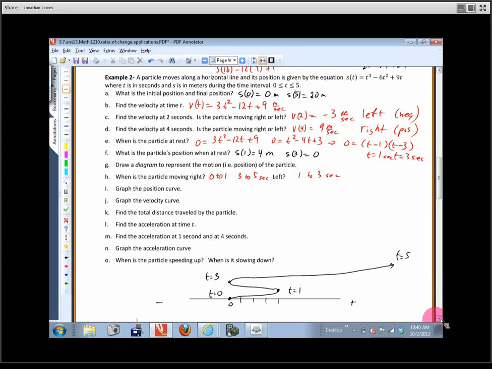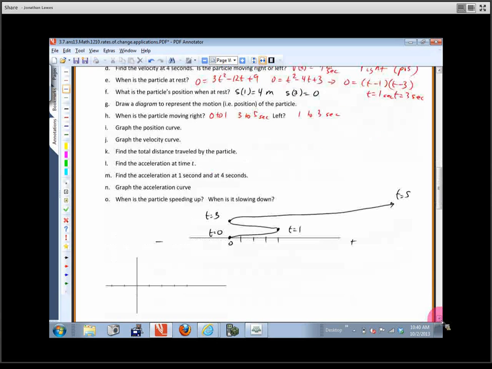Okay. So this says graph the position curve, and here's what we're going to do. We're going to graph this on a TS axis. Oops, let me change colors again so we're keeping these color coordinated. So this is a TS axis. It starts off at 0. At 1 second, it's 4, so I'm going to make sure I've got enough space for this. So we'd be about right here.